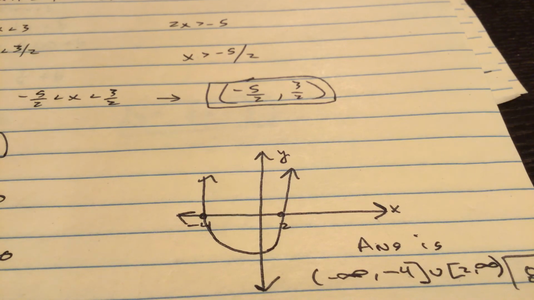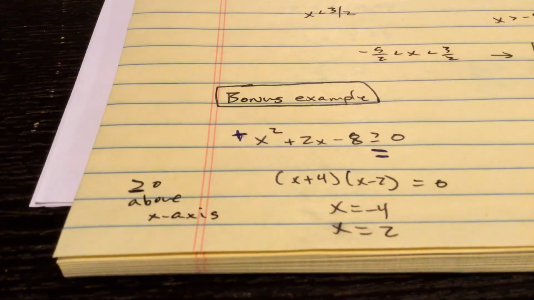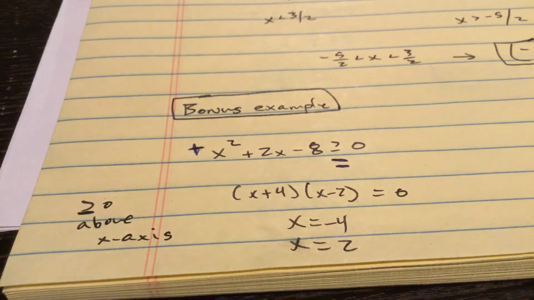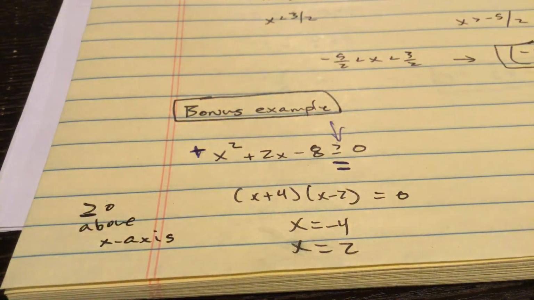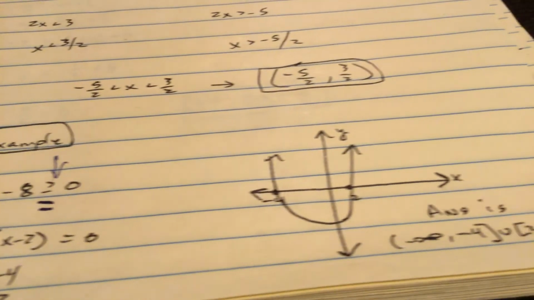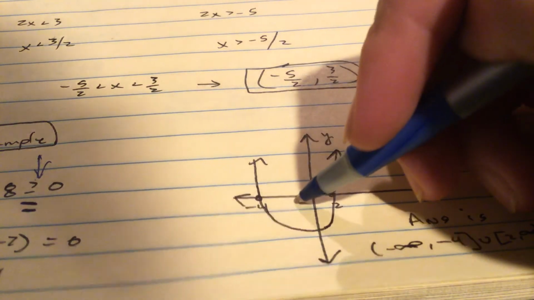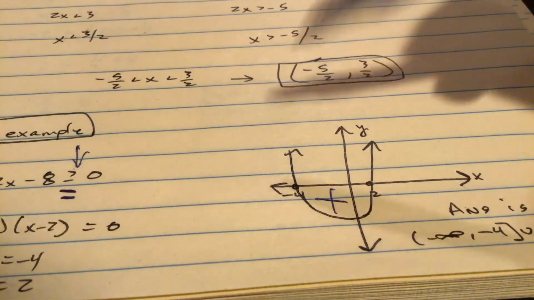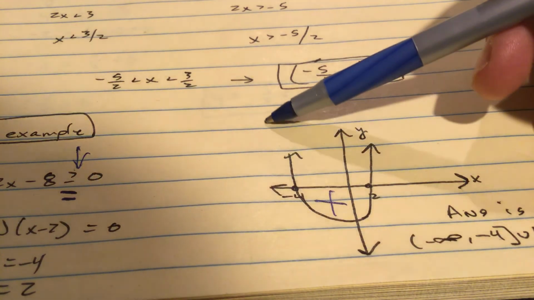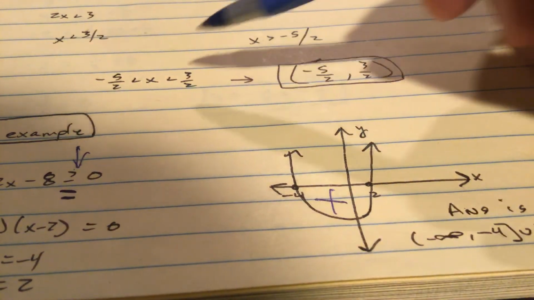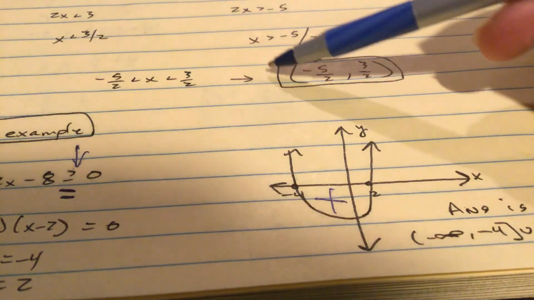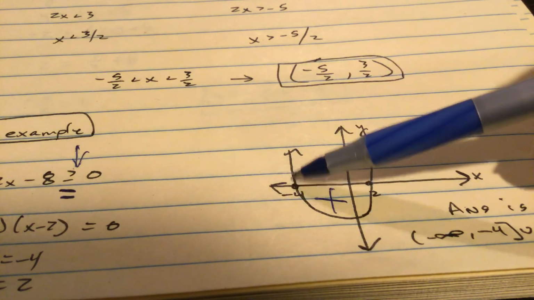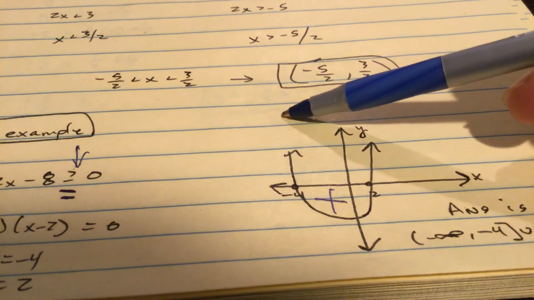This wants to know, when is the graph above the x-axis? Greater than or equal to. So at the x-axis or above. So it's not below the x-axis. So the graph is going to continue to go up. It's going to make a curve like that. So any x value from -infinity to -4 will make the graph at the x-axis or above.